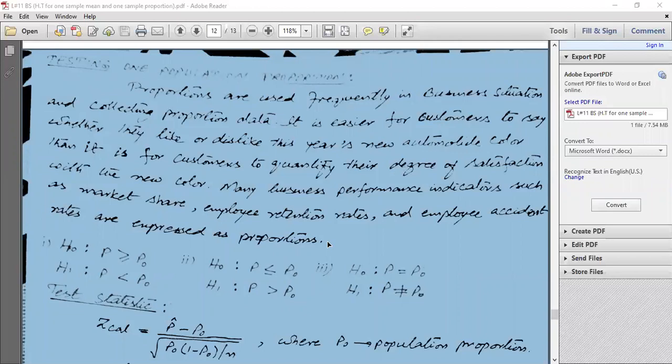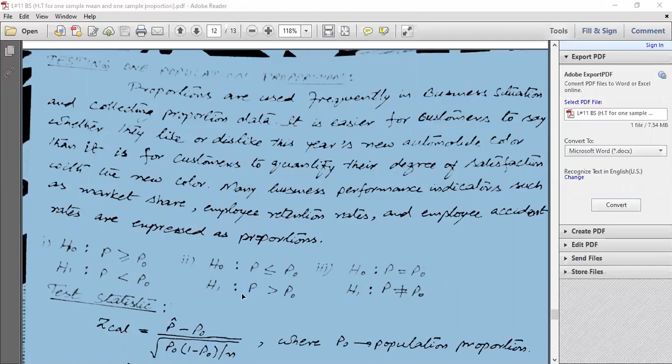That's why we call it like and dislike. It is called proportion, population proportion. These are the examples: market shares represent a population proportion, employee retention rates are a population proportion, and employee accident rates are another population proportion.